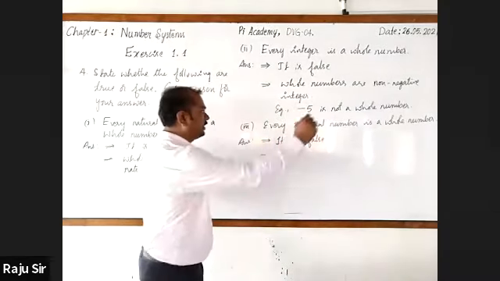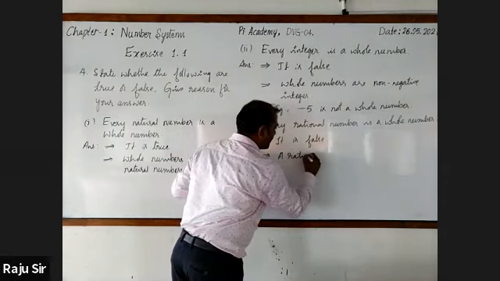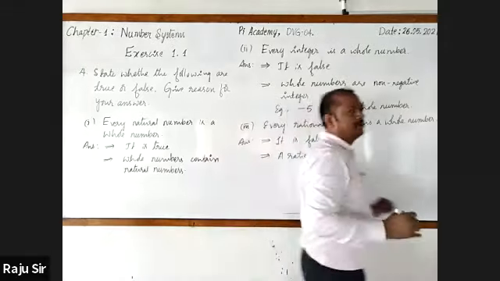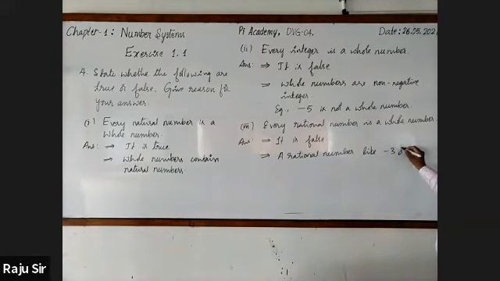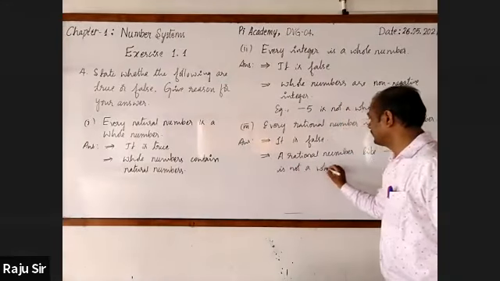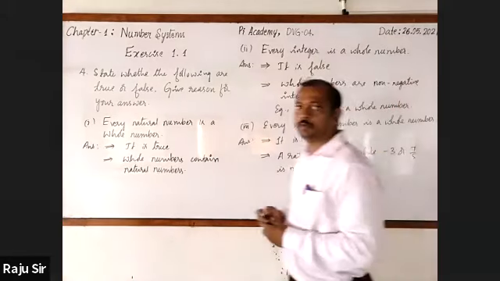Because a rational number like -3 or 7/5 is not a whole number.